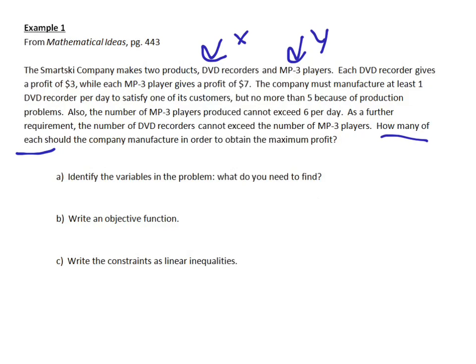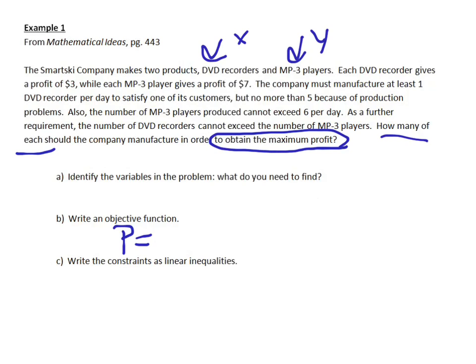Then part B, write an objective function. So again, that last sentence does give you your objective, and that is to obtain the maximum profit. So we're going to write a function that represents profit, and it should be in terms of X and Y. Everything we'll write now will be in terms of those 2 variables.